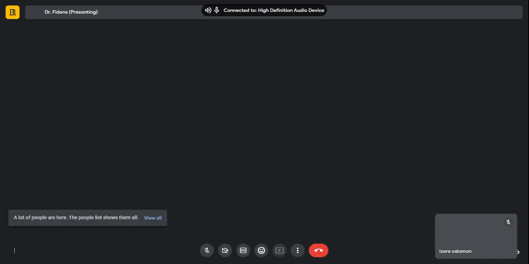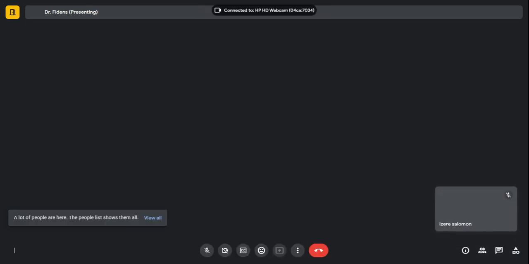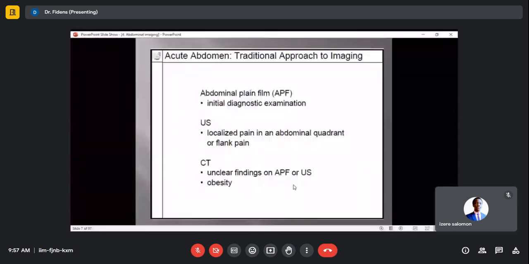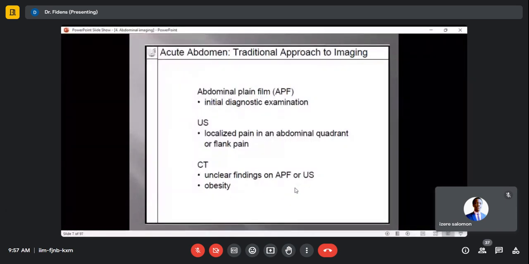You are not, when abdominal pain film or ultrasound are not clear, or for patients who are obese. Remember, I told you that obesity can be even an indication for CT, self obesity.